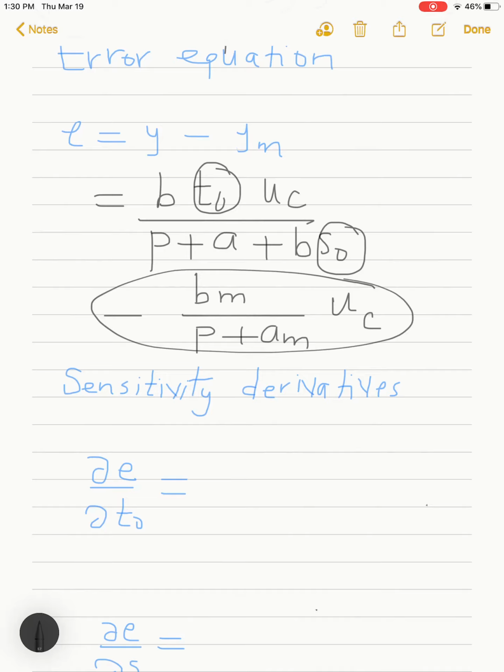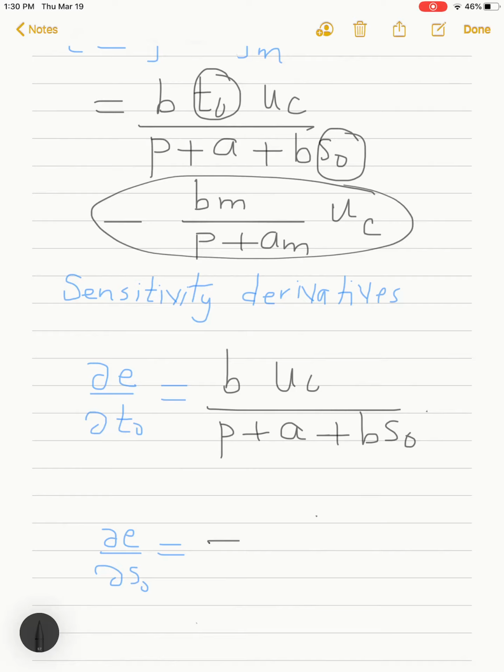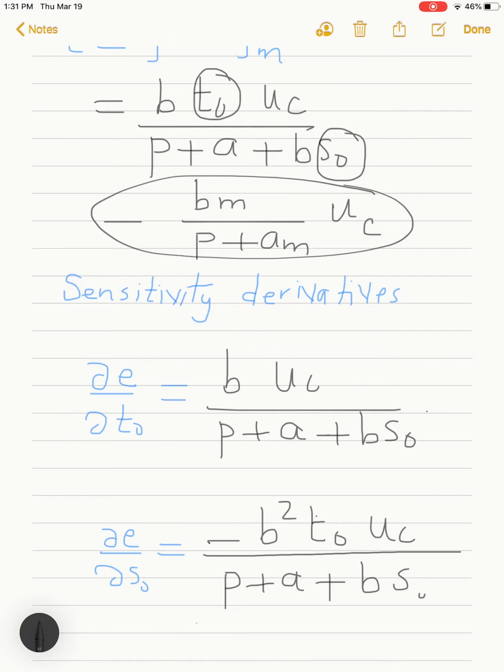So if I take the partial derivative of e with respect to t0, I get b uc divided by (p + a + b s0), and I repeat that with respect to s0, so that will be -b^2 t0 uc divided by (p + a + b s0) all squared.